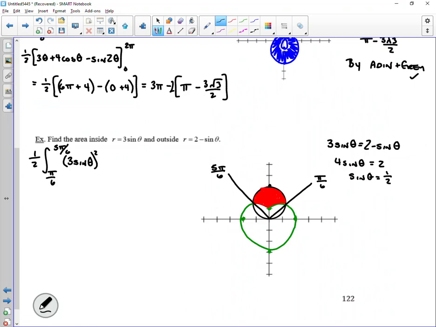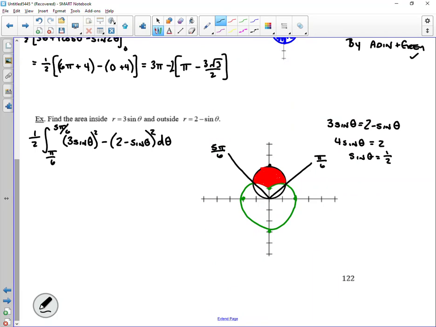Since they're the same bounds, we'll just keep it all in one integral. Don't worry about actually doing it. We've had enough practice integrating. Beautiful. That's how we would set up this one. All good? Questions?